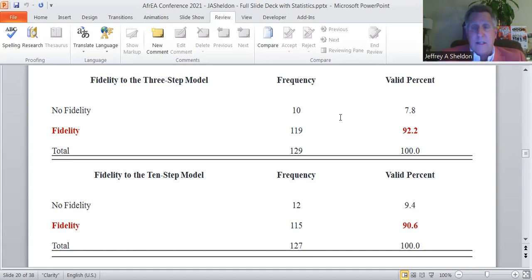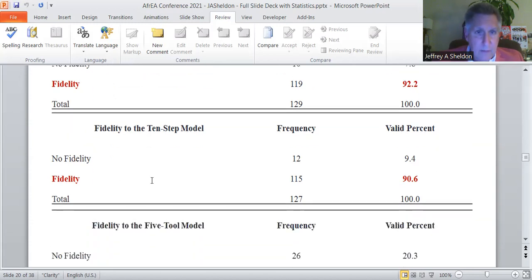It may not have been a perfect process, but I broke them down into the activities and then created an item for each of those activities, so that once you ask a question about each one, you get a good idea about the entirety of the model. And if you've agreed or strongly agreed that you've done a majority of those activities, then it's clear that you've adhered with fidelity to the model that you chose, right?